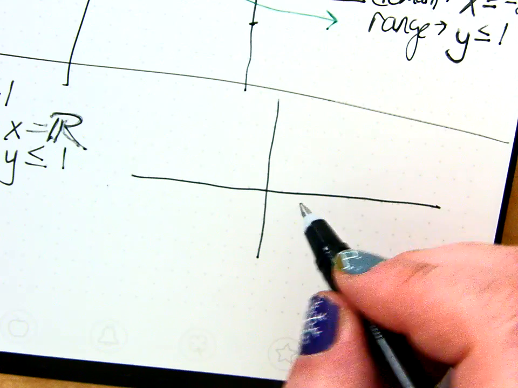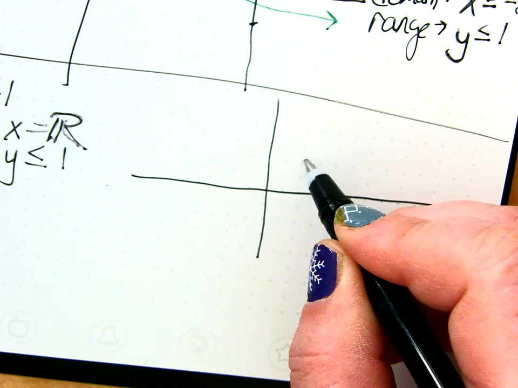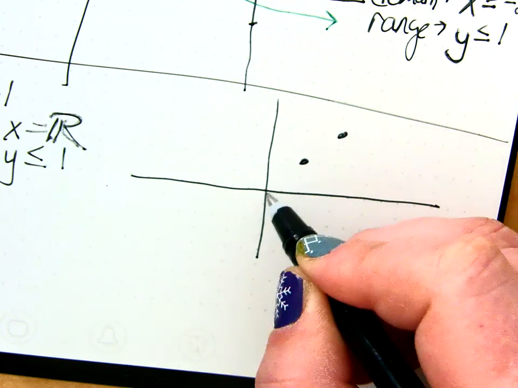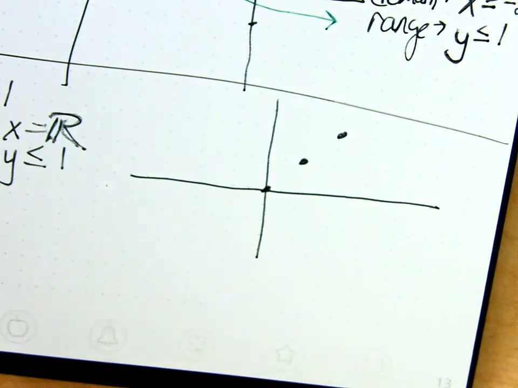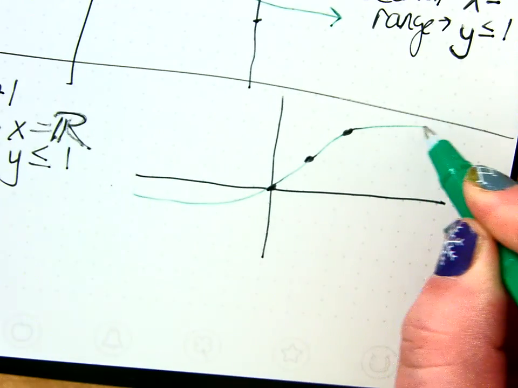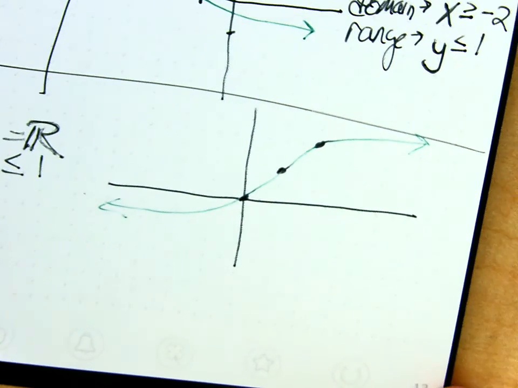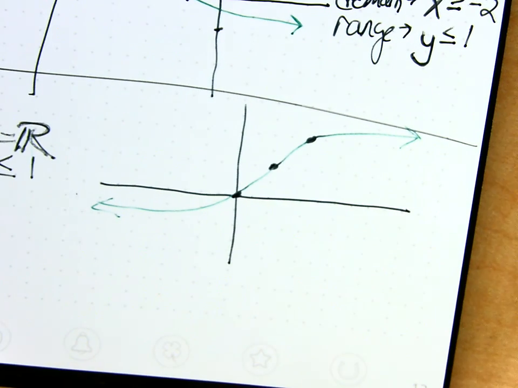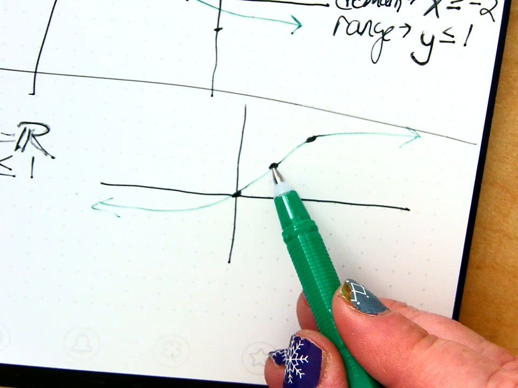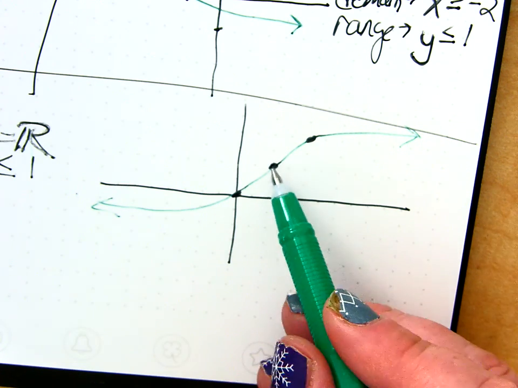Let's say I took my cube root and moved it a little bit. So this is not the parent function. The parent function would have that at the origin. So I moved it a little bit. Looks like I went to the right one, up one.